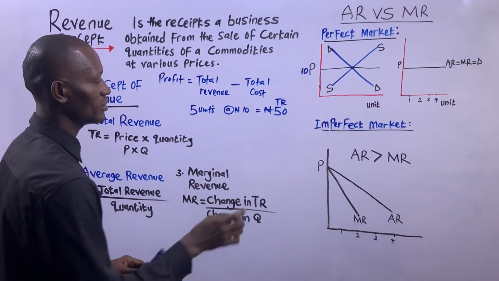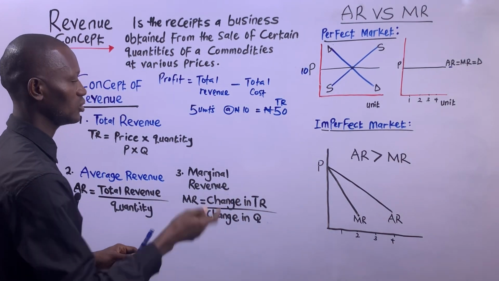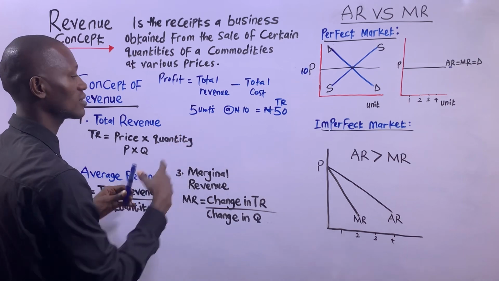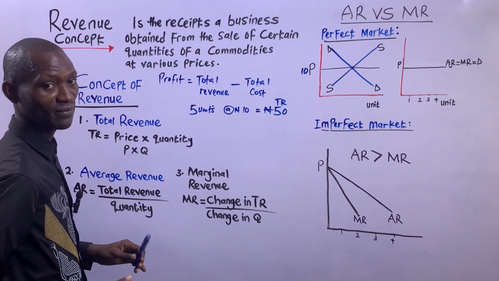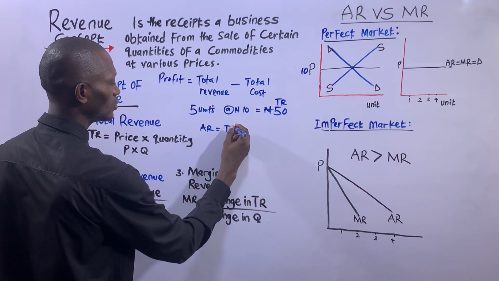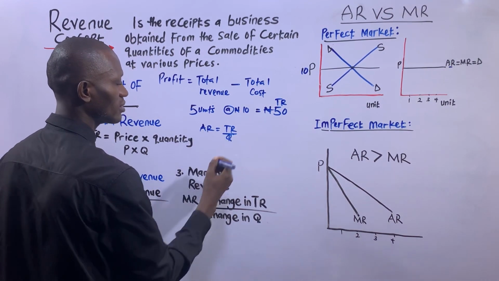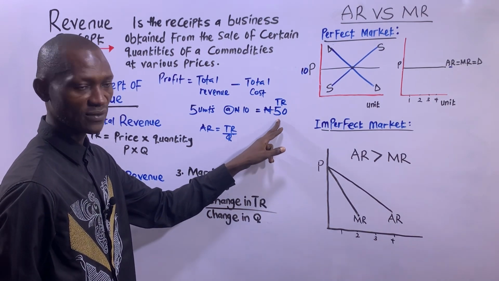If we assume that our total revenue is 50 and we want to get our average revenue, the units sold is 5 units. Let's use this example to get our average revenue. Average revenue is total revenue divided by quantity or units sold. We have been told that our total revenue is 50.